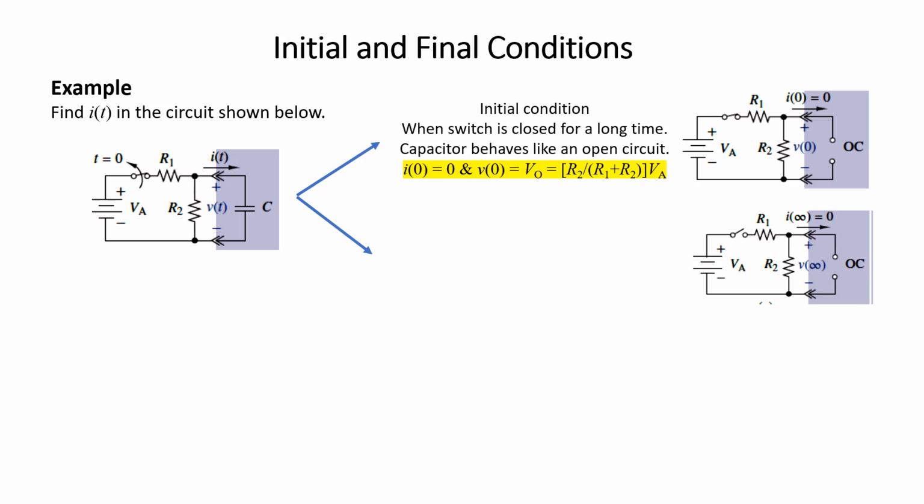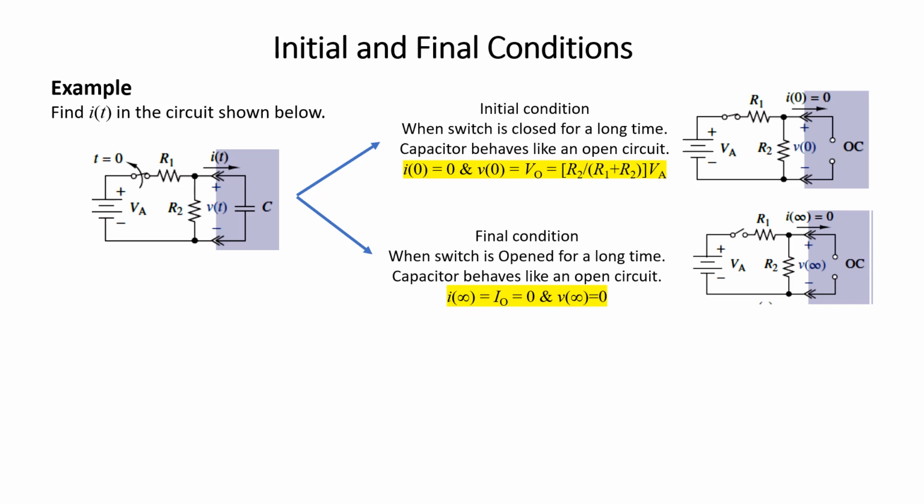As this part is disconnected, no current will be flowing through it. Current will only be flowing through this R2 due to the voltage across the capacitor, and the capacitor voltage will decay to zero.